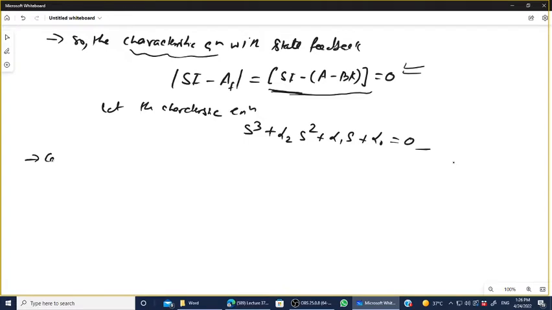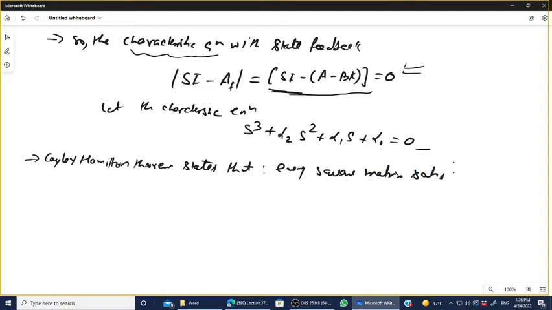Now we are trying to apply the Cayley-Hamilton theorem, which we already covered. It states that every square matrix satisfies its own characteristic equation.